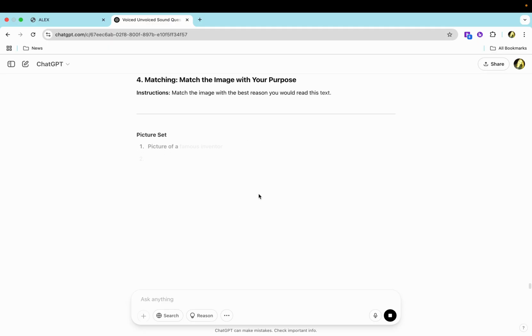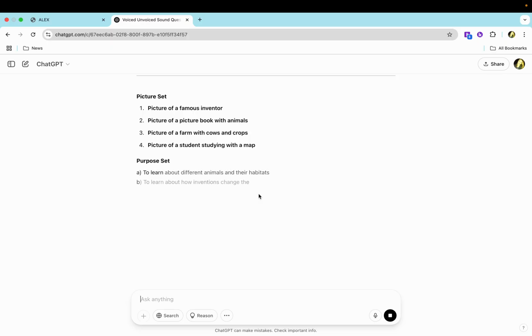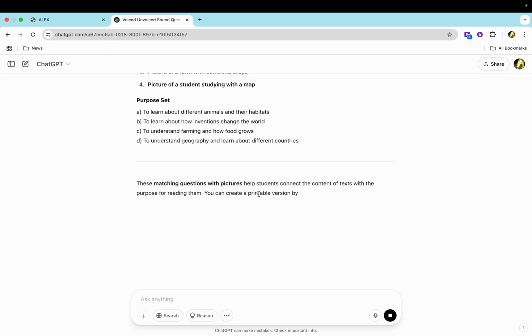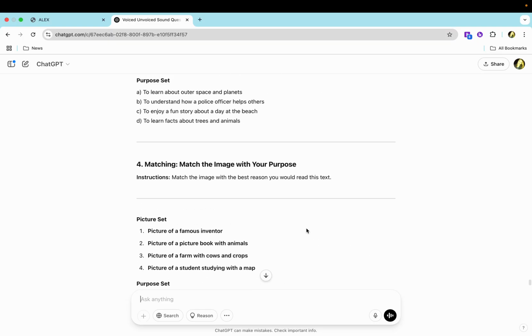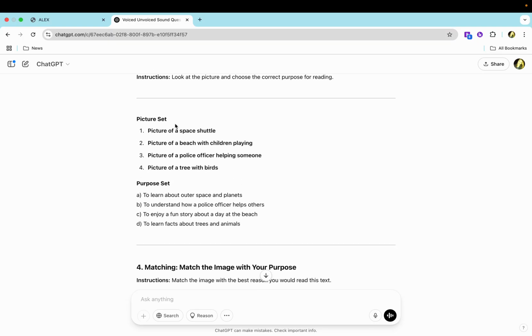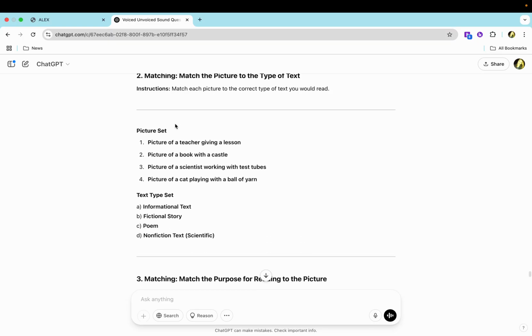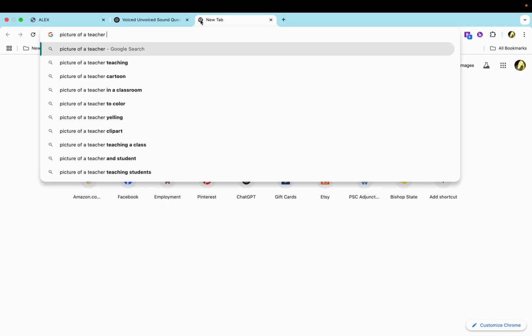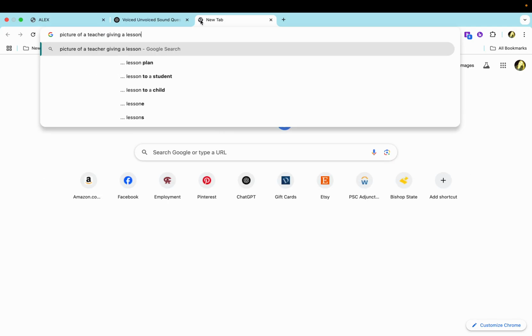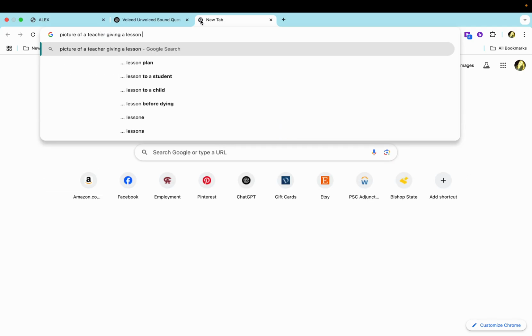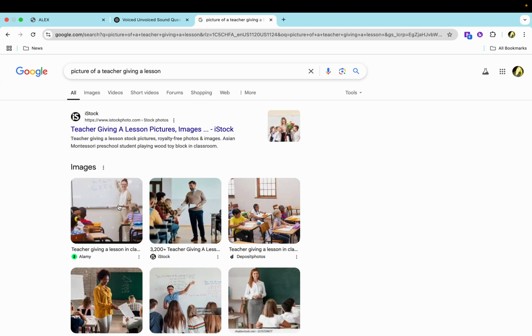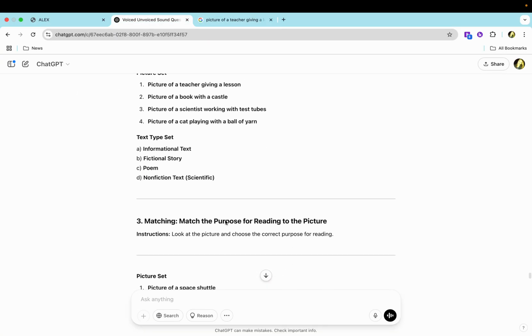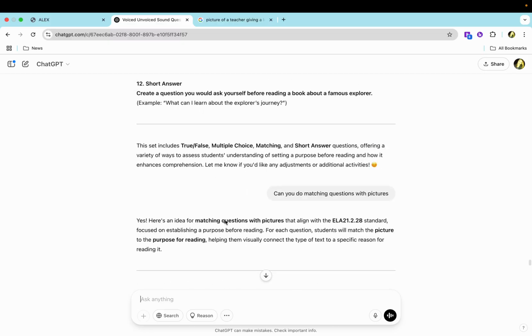So let's see. It's just giving the pictures. Okay, so it will not add the picture for us, but it will give us an idea of what we could add. So you could copy and paste picture of a teacher giving a lesson, and then you could add that in. I mean, that's a way to do it. So there are some limitations on this.